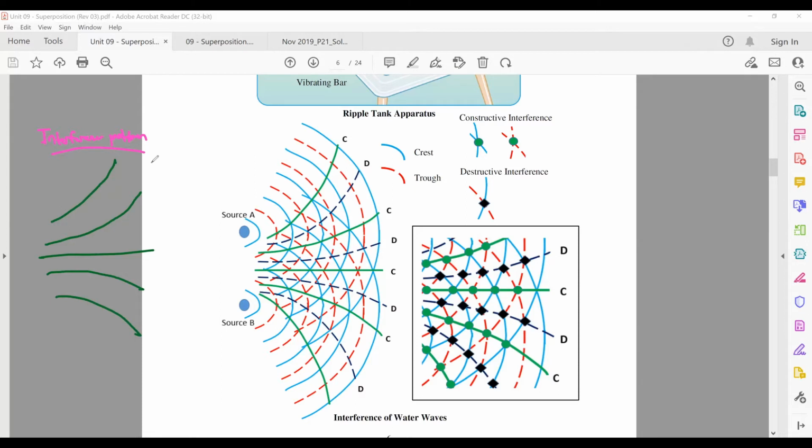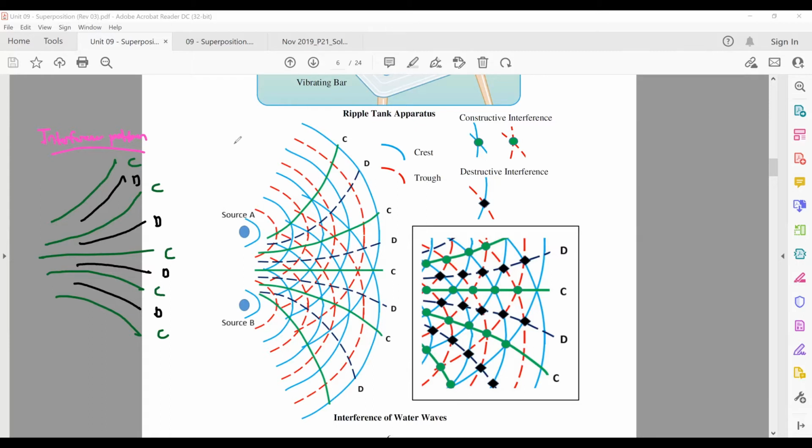All right, this is where you always have the constructive. And then this is where you have the destructive. Okay, this is where you have the destructive. Okay, so now think of it this way.